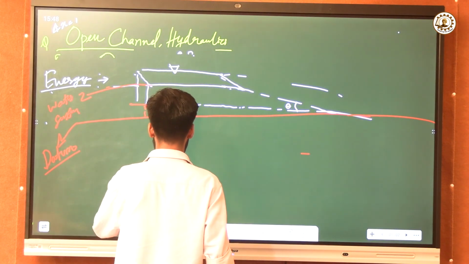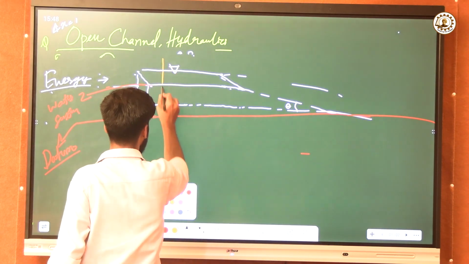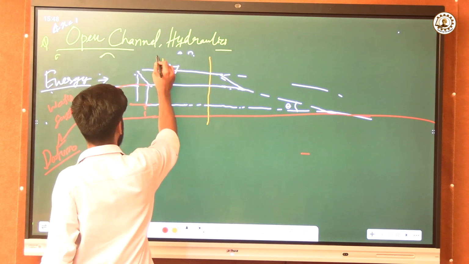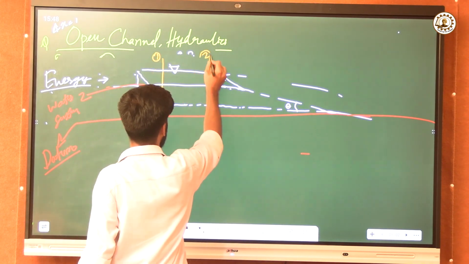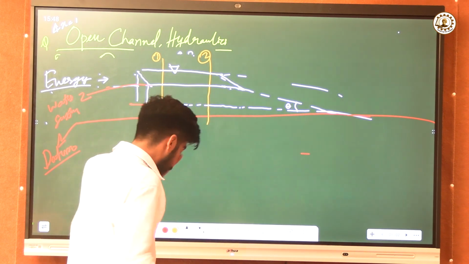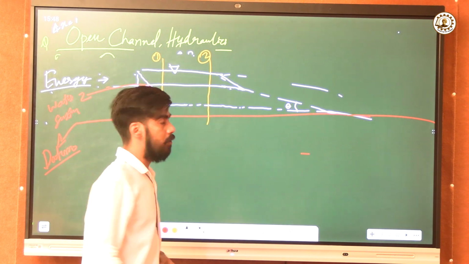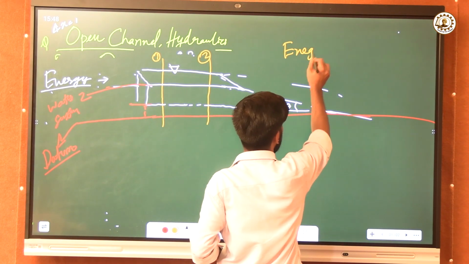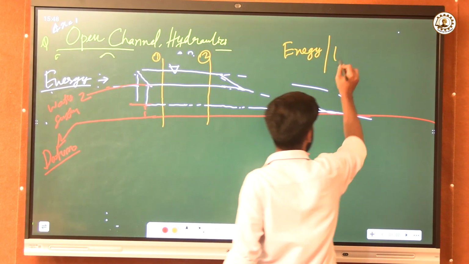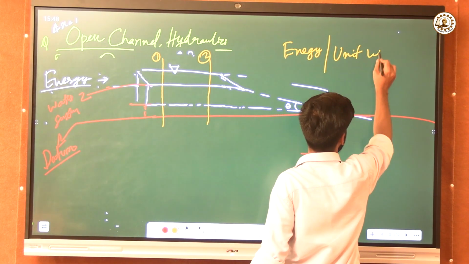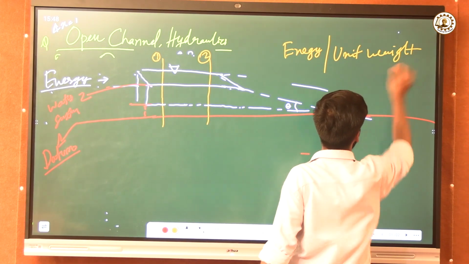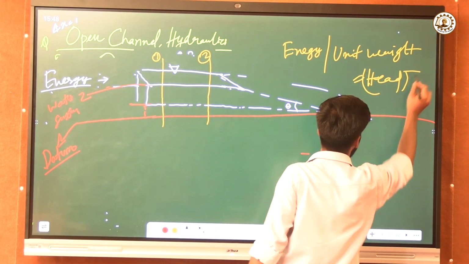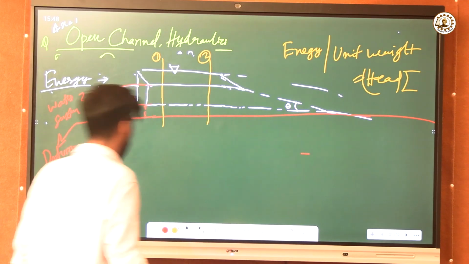Now if we think of the energy, let's divide it into two parts, two sections, to understand it. In industry or in academia, when we talk about energy, we talk about energy per unit weight, which is called the head of the flow, which is an indicator of the total energy of the flow.